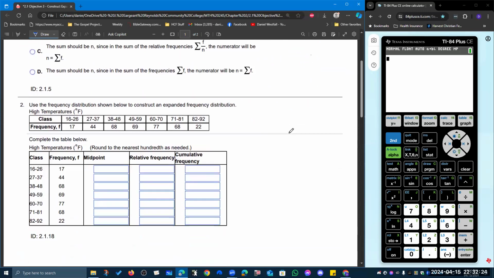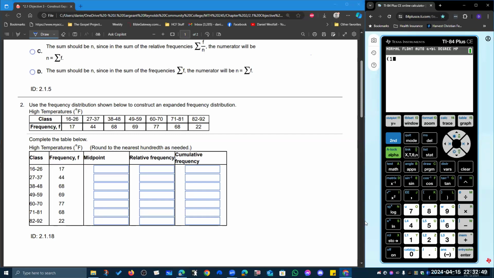All right, let's go ahead and take a look at this problem here. Use the frequency distribution shown below to construct an expanded frequency distribution. High temperatures are given here in this regular frequency distribution, and we're going to make an expanded frequency distribution where we find the midpoint.